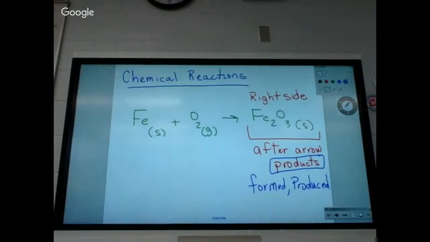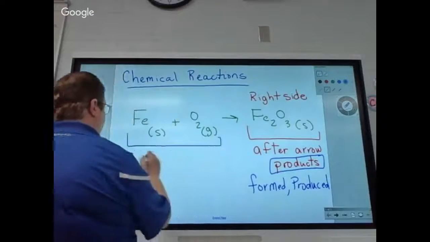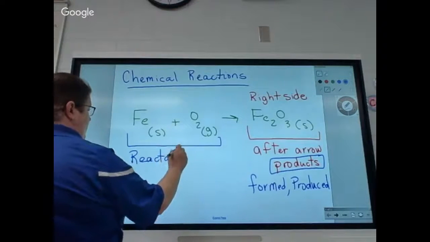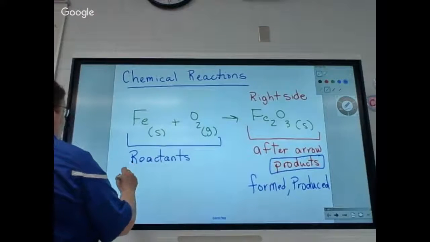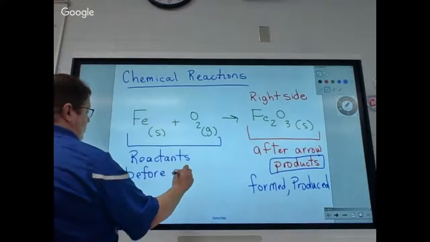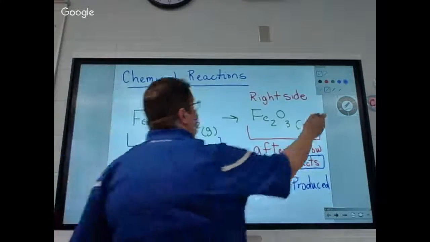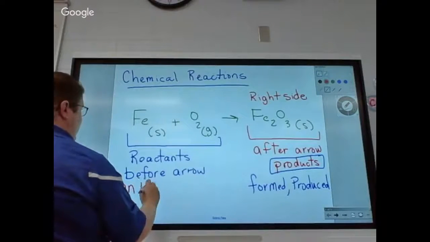All right, so the reactants are always before the arrow. Or you can think of them as on the left.